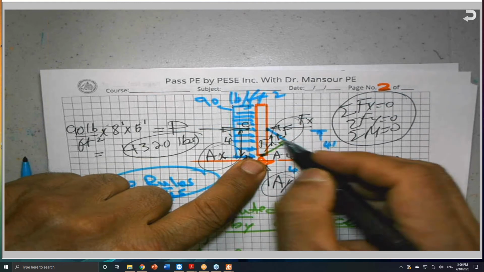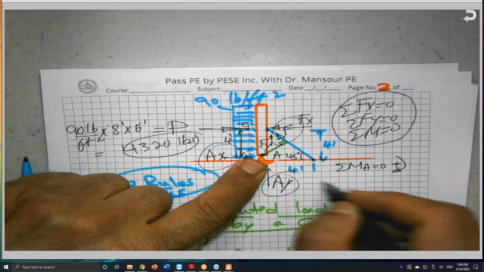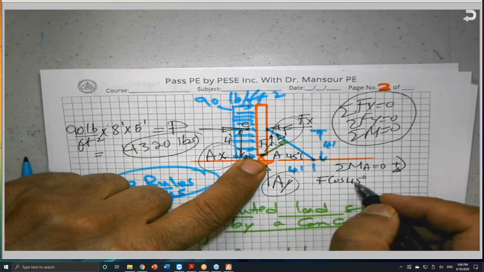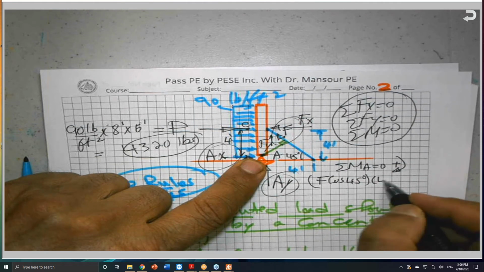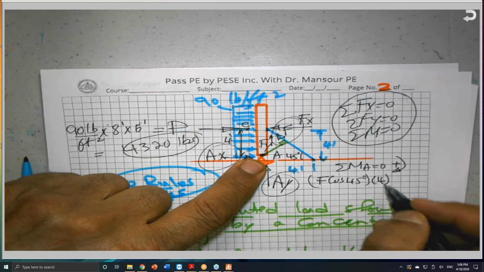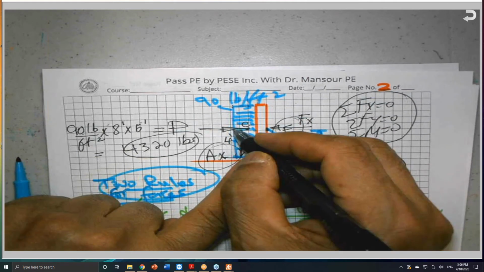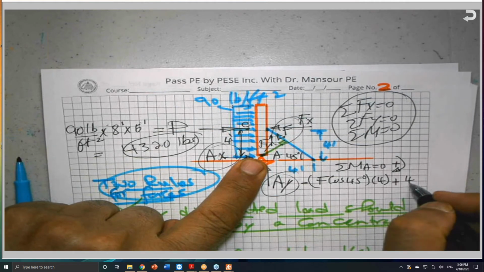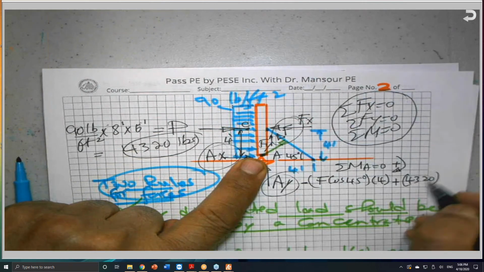So I have this F sub x, which is F cosine 45 degrees, times the moment arm, which is 4 feet. And this is negative, because counterclockwise, plus P, which is 4320. The force times the moment arm, which is 4.